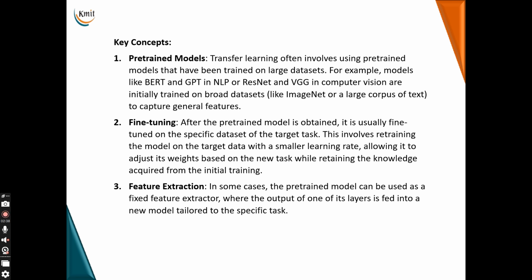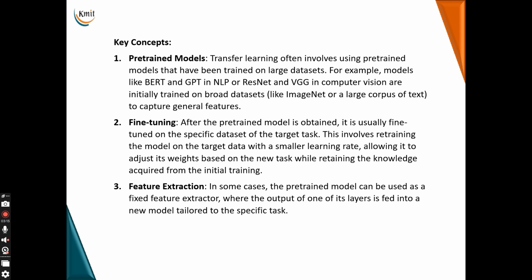This involves retraining the model on the target data set with a smaller learning rate, because the pre-trained model has learnt on a huge amount of data. Now you are trying to make the model learn from a specific data set, so you make it learn at a smaller learning rate, and it has to adjust all its weights based on the new task.